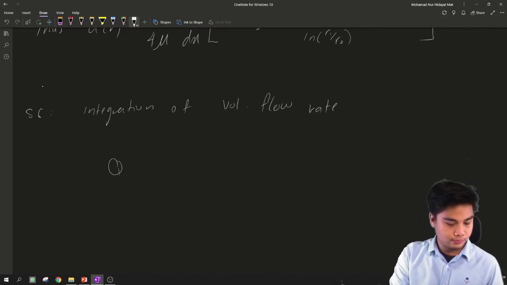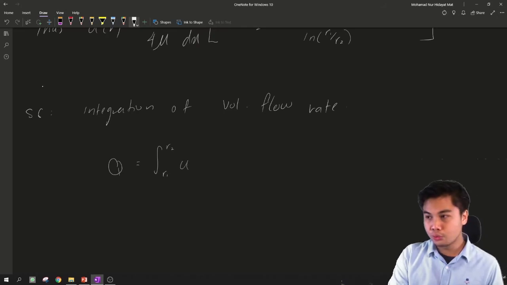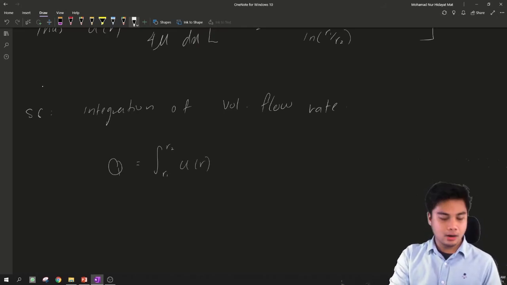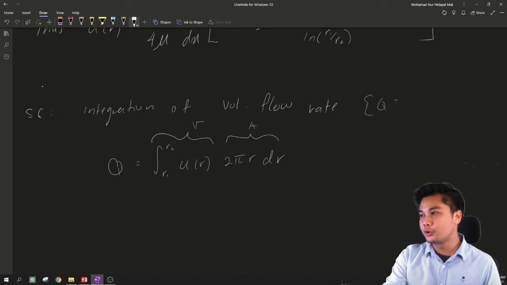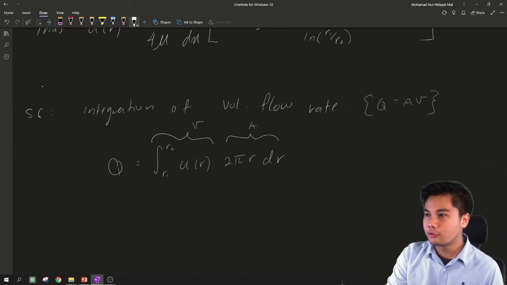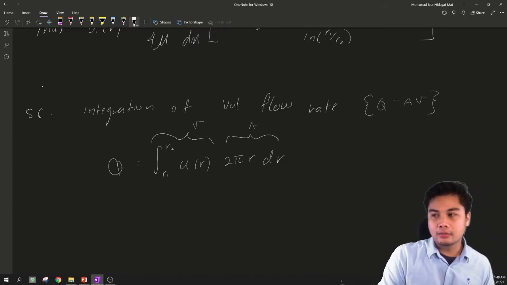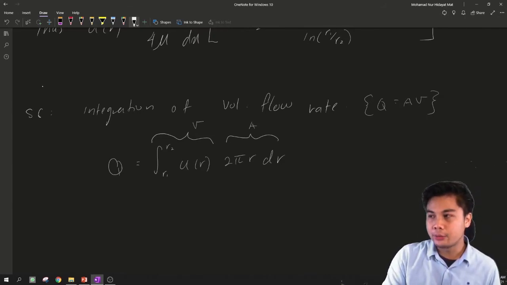So Q is equal to the integral from r1 to r2 of u with respect to r, times 2 pi r dr. This is velocity, and this is the area. Remember, Q equals A multiplied with V. So velocity from the profile, from r1 to r2, multiplied with the area.